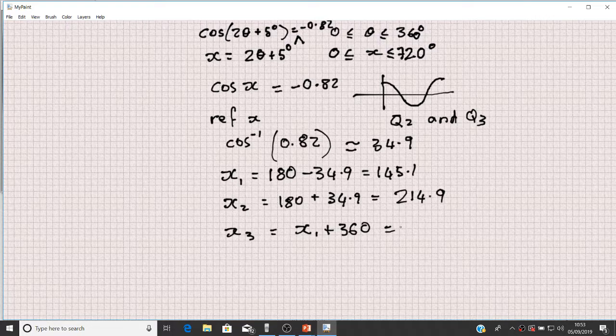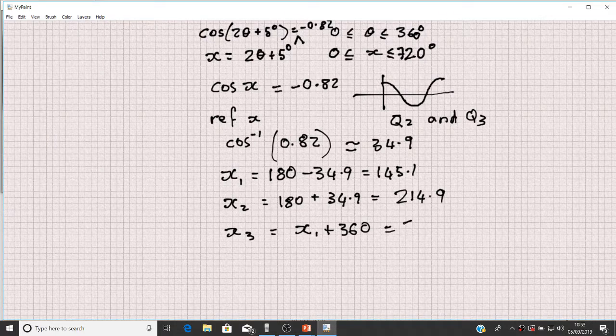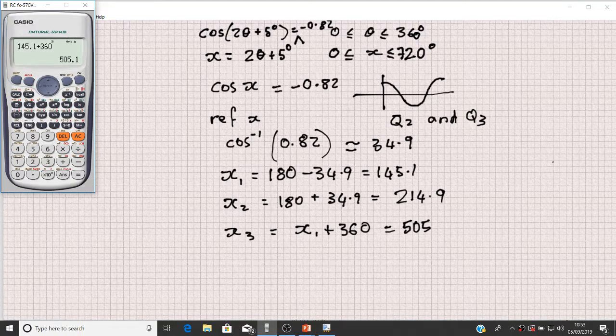Let me just check that one. 145.1 plus 360 is 505.1 degrees. So that's my next solution for x, 505.1.